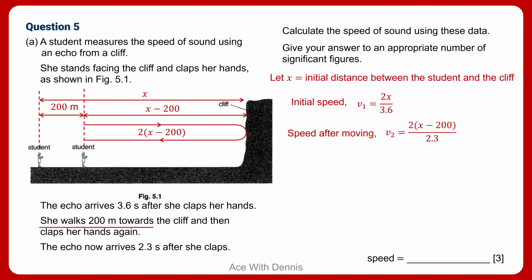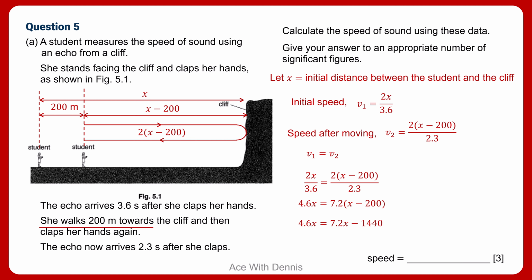Since the speed of the sound is always constant, we can say that v1 equals v2. Then we just substitute v1 as 2x over 3.6 and v2 as 2 times (x minus 200) over 2.3. Then we solve this equation by cross multiplying. We get 4.6x equals 7.2 times (x minus 200).